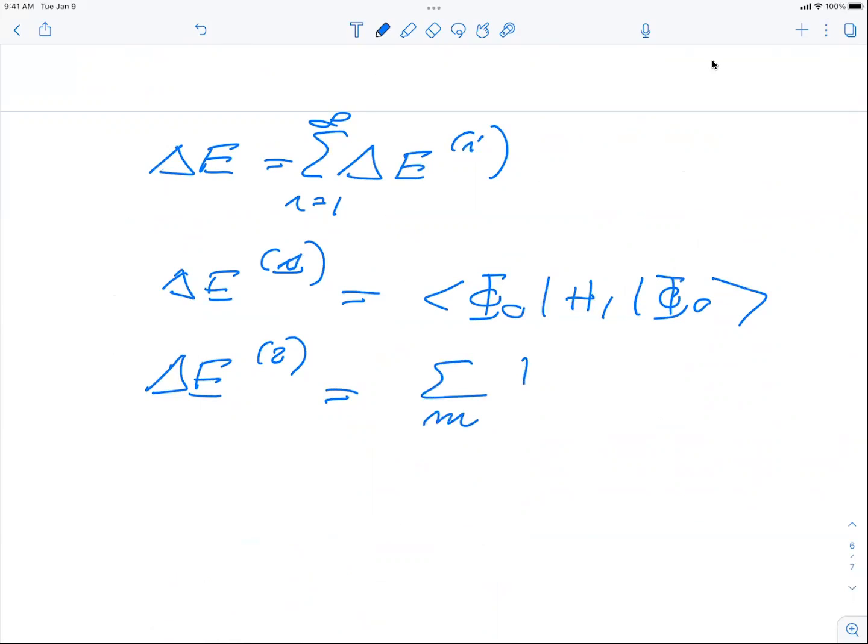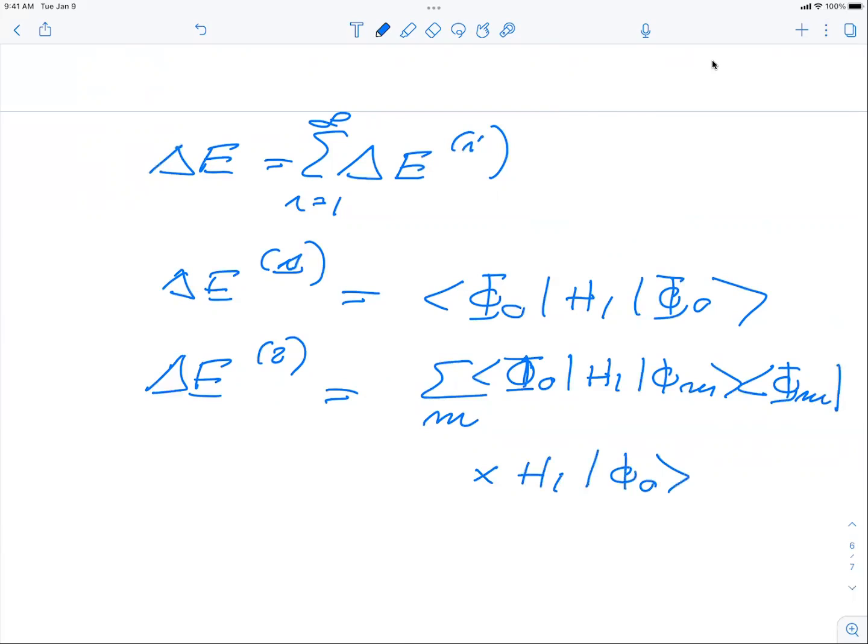Now I'm writing it out explicitly. So I have my phi 0, I have my H of I, phi of M. And then I have my phi of M here. And then I need a little bit more space for H of I of phi 0. And now I'm dividing this by omega 0 minus omega M.